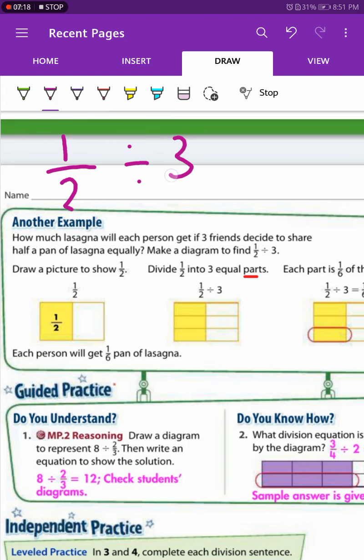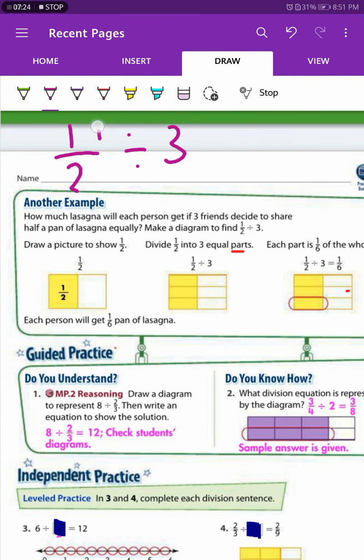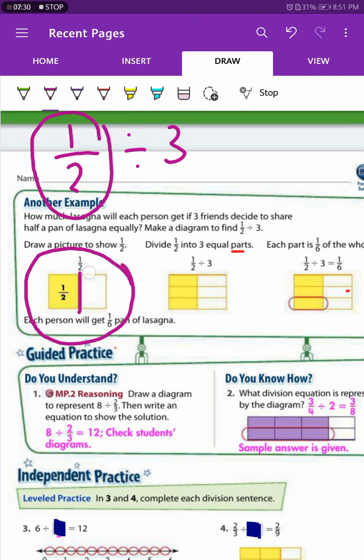How do I use the model to represent this? The 1/2, we draw a shape and cut vertically. This is 1/2. You shade it.